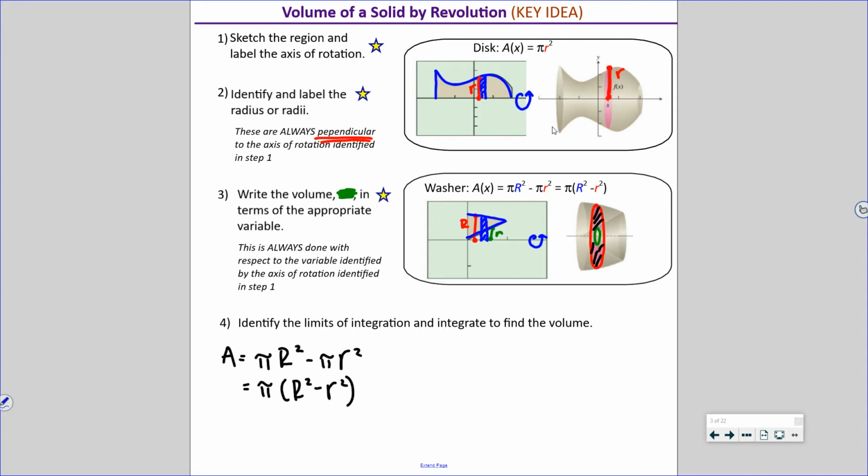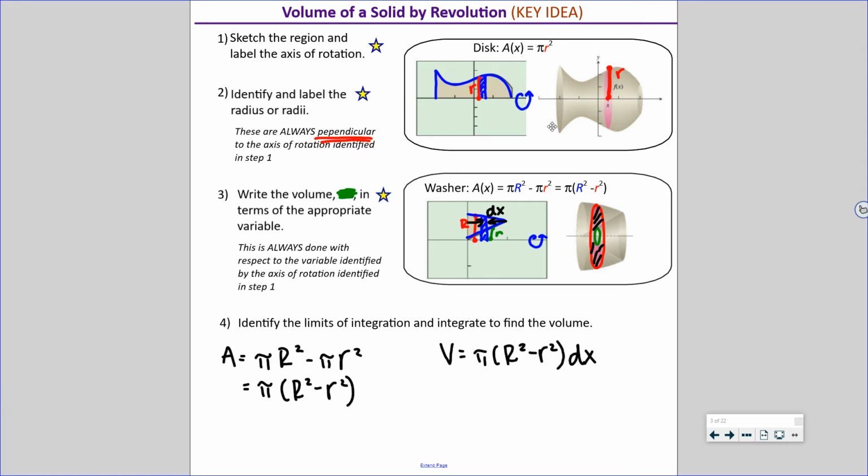So to find volume, think about how you find the volume of like any shape or like any polyhedron. You take the area of the base times the height, right? So to find the volume, I'm going to take the area, and now I'm just going to make this three-dimensional by multiplying by the width, which we call dx.